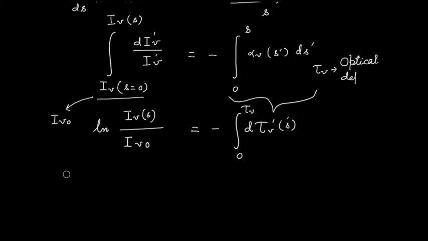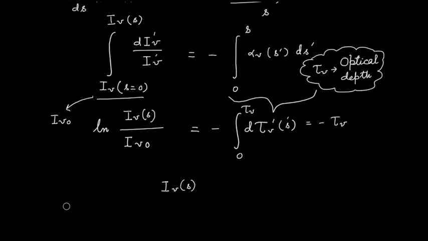It has a name, it's called optical depth. It's a very useful concept, particularly in astronomy, and we'll come back to why it is called optical depth. But let's see what we have got here. If I integrate this, obviously I will get minus tau nu.